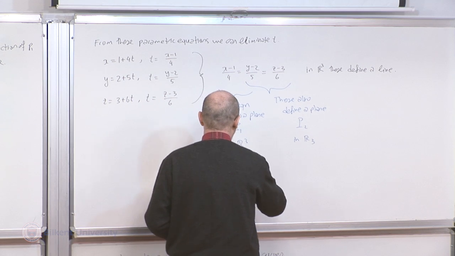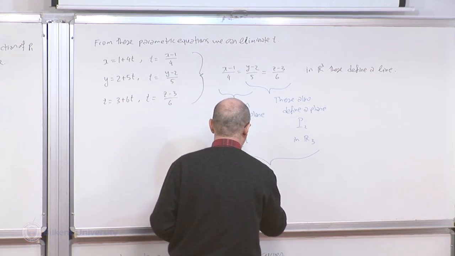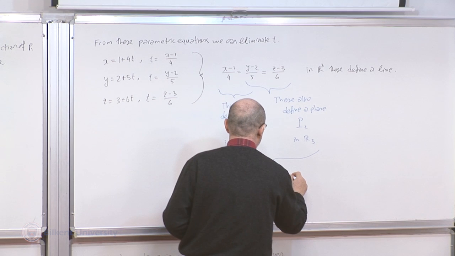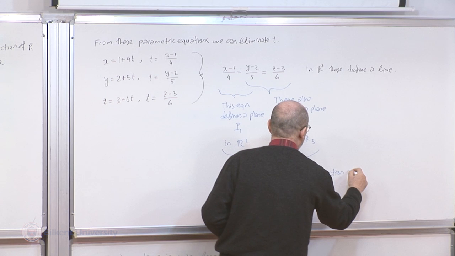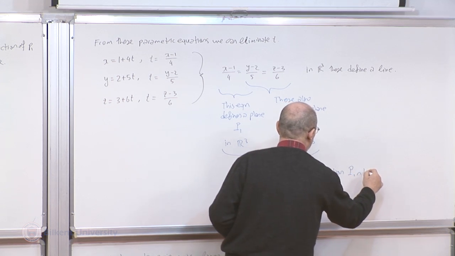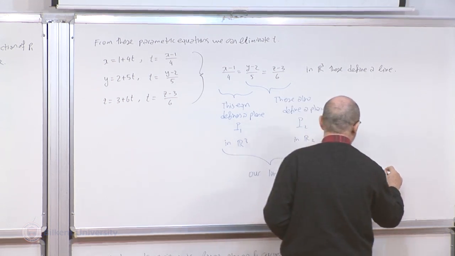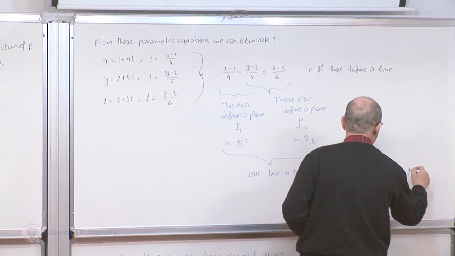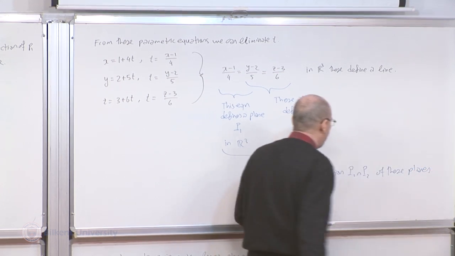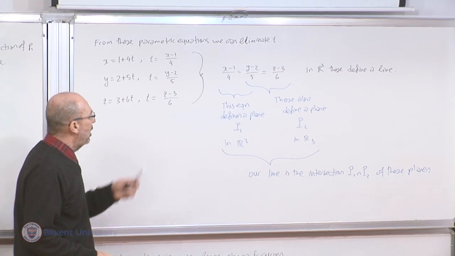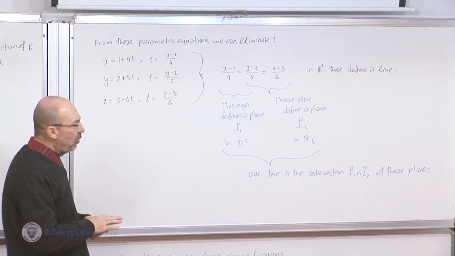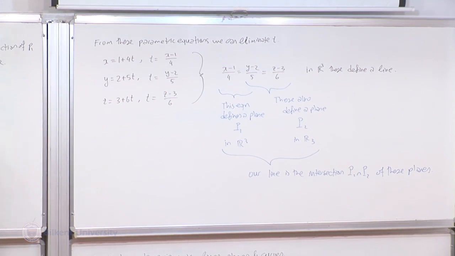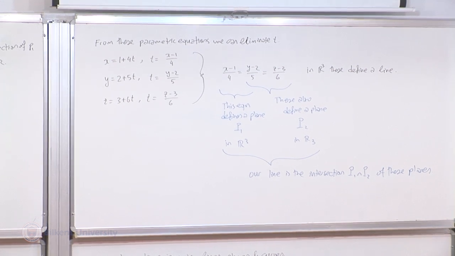So let's combine this. Our line is the intersection P1 intersect P2 of these planes. These are called symmetric equations. You have to know these names because somewhere you will be asked, find the symmetric equations of this line.